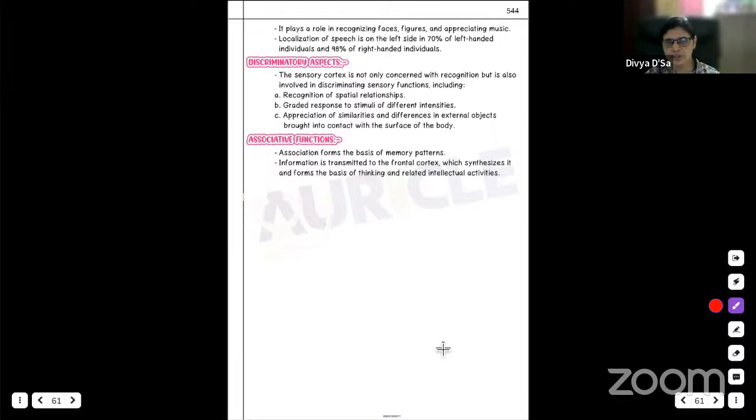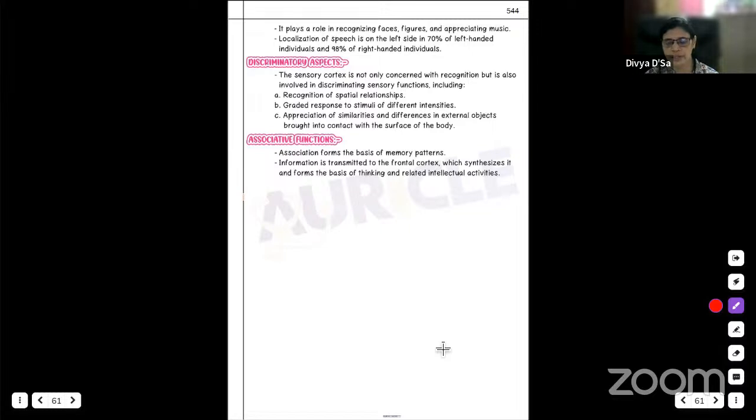Localization of speech is on the left side in 70% of individuals, and in 90% of right-handed individuals. So the sensory cortex is not only concerned with recognition, it is involved in discriminating sensory functions like recognition of spatial relationships, relative to the space around us.